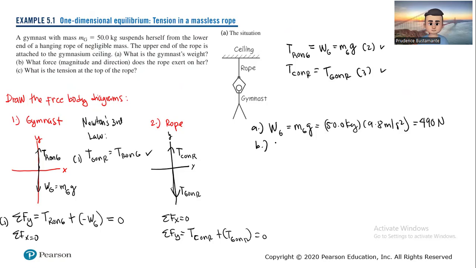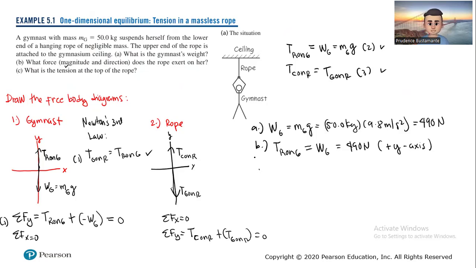So the tension of the rope on G is just equal to, from equation 2, the weight of the gymnast, which is 490 Newtons. So that is the magnitude. In terms of direction, we know that it is pointing to the positive y-axis.